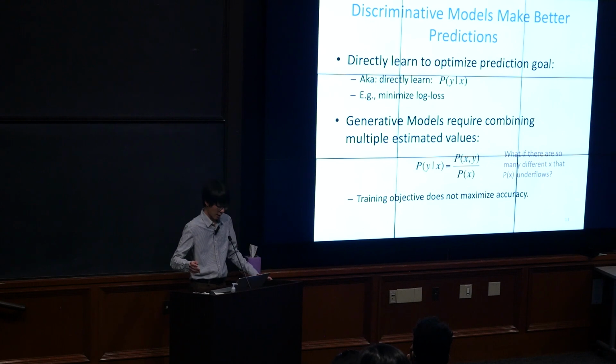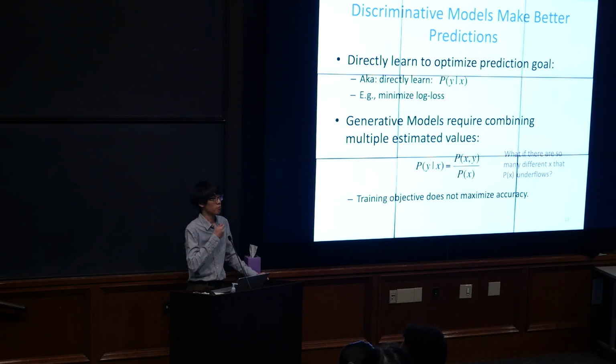However, if the probability of y given x, your prediction task, is all you care about, then a discriminative model does better, not always, but the majority of the time. The reason is that it's directly learning that task. If all I care about is that x is always going to exist, and all I want to do is predict y to the best of my ability, then a discriminative model learns that directly and actually minimizes the log loss.